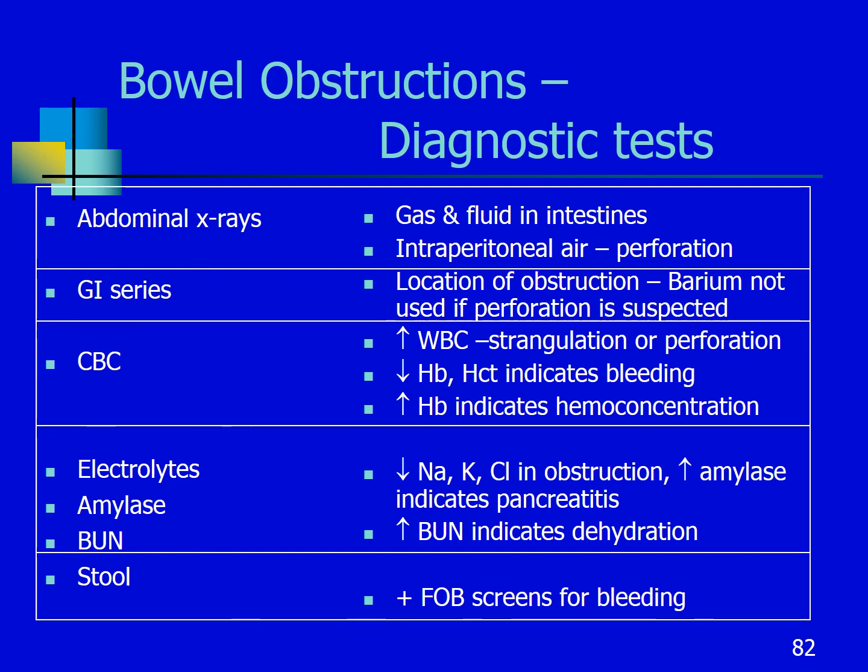The electrolytes, amylase, and BUN can tell you: BUN will tell you dehydration, sodium levels are down, amylase is up with pancreatitis. Stool fecal occult blood screens for bleeding. Next slide.